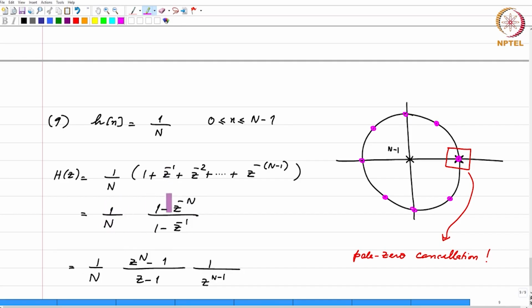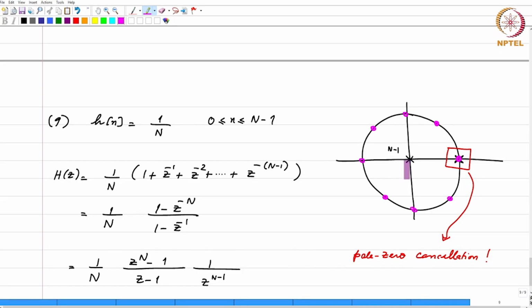In this form, it seems to have both poles and zeros, but it so happens that the non-trivial pole at z equal to 1 gets cancelled by the non-trivial 0 at z equal to 1. Therefore, the only non-trivial pole that is there in this representation actually gets cancelled out. Therefore, there is no uncancelled non-trivial pole.